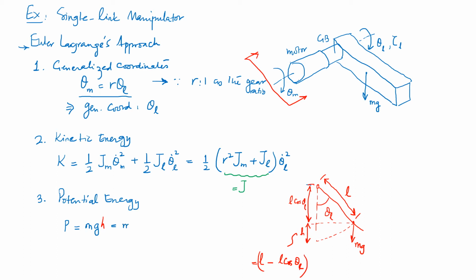So this is mg times, and I'm going to use a red color for that, L minus L cos of theta L. So with this realization that you can take the L common from there, this is going to be mgL, and then you have 1 minus cos of theta L over here. So this is the potential energy expression that we have figured out.